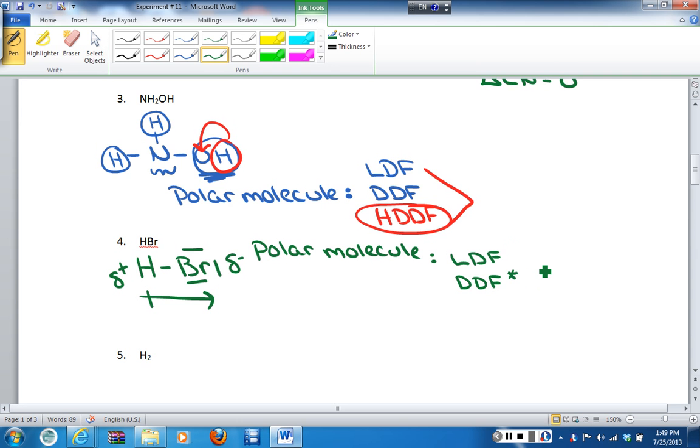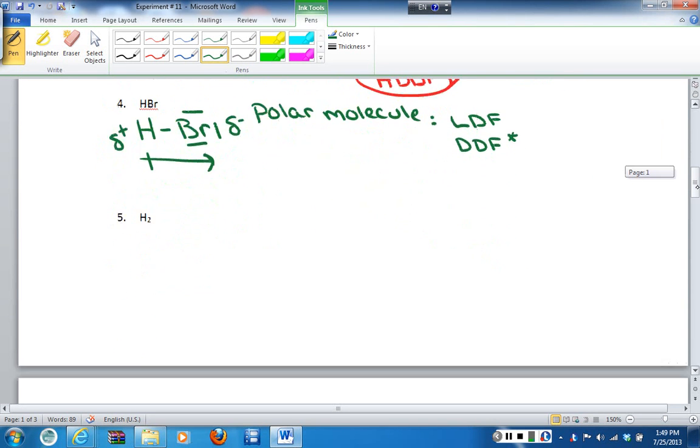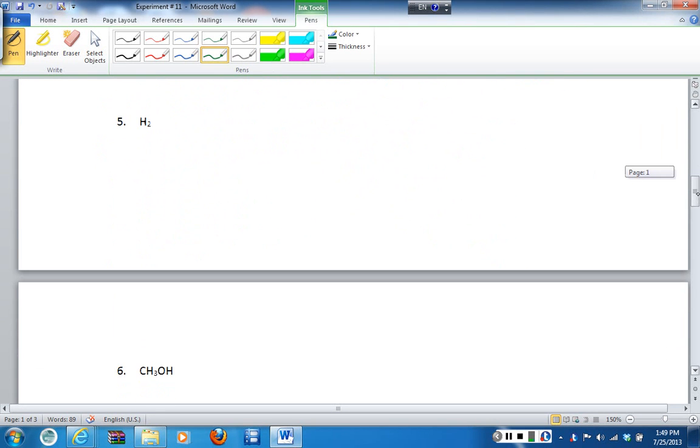Now, looking at the next example, we have H2. So if we draw the Lewis structure very quickly, we see that this is the Lewis structure for H2. And what we see is that the difference in electronegativity for this molecule is equal to 0.